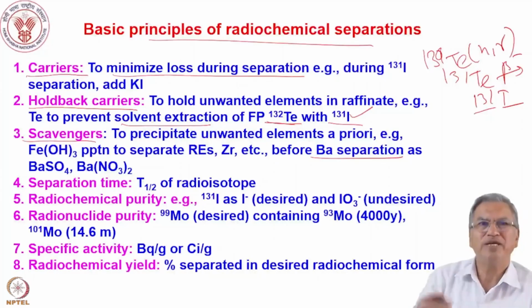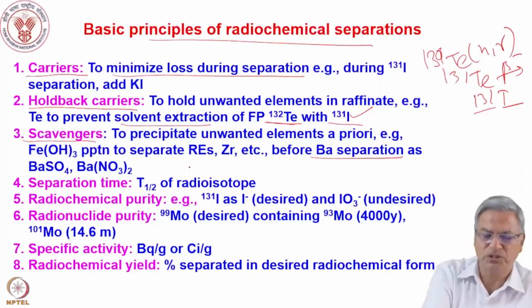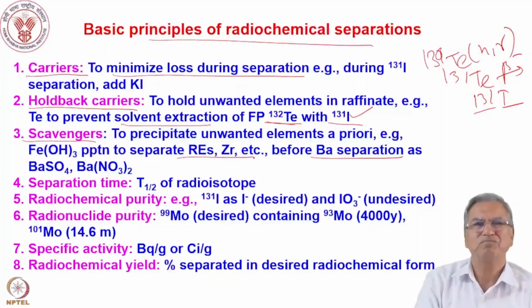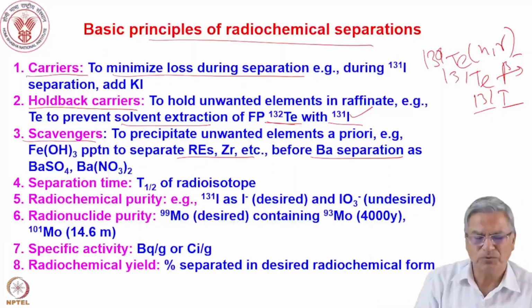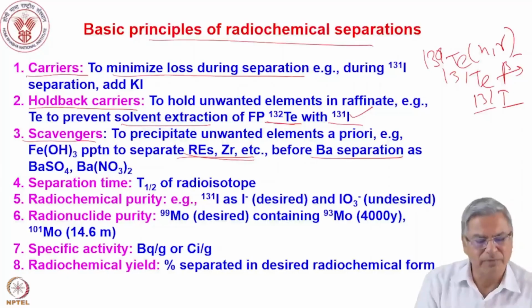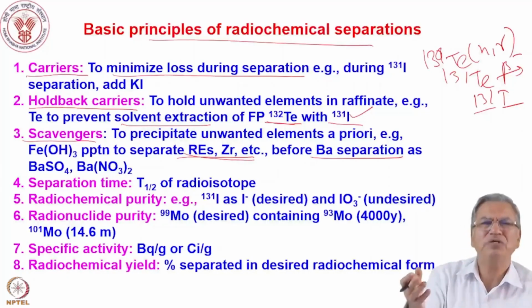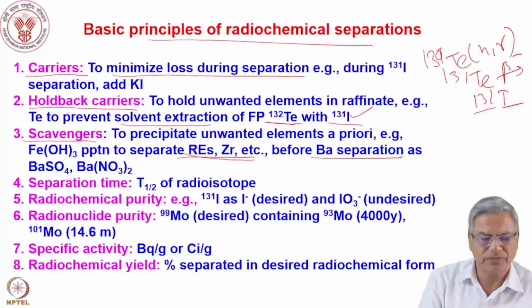You can do a ferric hydroxide precipitation. You add ferric nitrate or ferric chloride and ammonia to precipitate all the rare earths and zirconium as hydroxides. Now whatever is the raffinate, you add the barium reagent, sulfate or nitrate, and you can separate barium in this form. So these are called scavengers. They scavenge the undesired elements from separation along with the desired element. These are mostly required for precipitation or solvent extraction or even ion exchange separation.